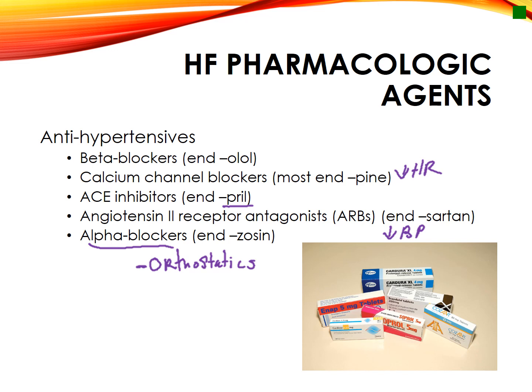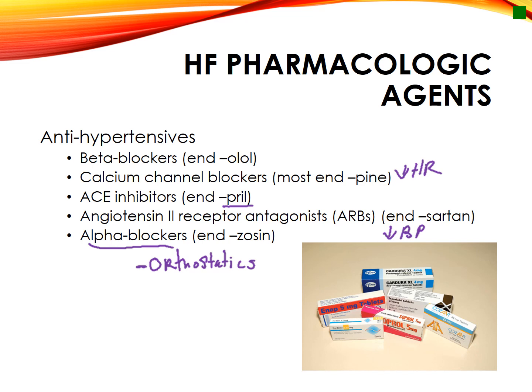Your alpha adrenergic receptor blockers block the constriction of arterioles, so they again decrease that peripheral vascular resistance, or that blood flow to the periphery. Side effects: orthostatic hypotension, so you might want to get some orthostatics on patients that are taking this kind of med.